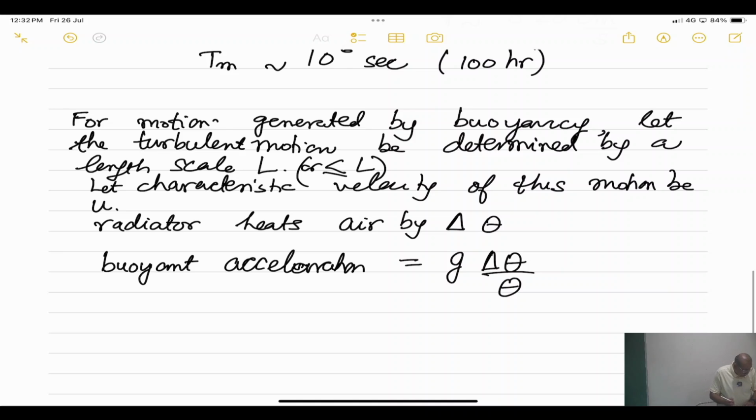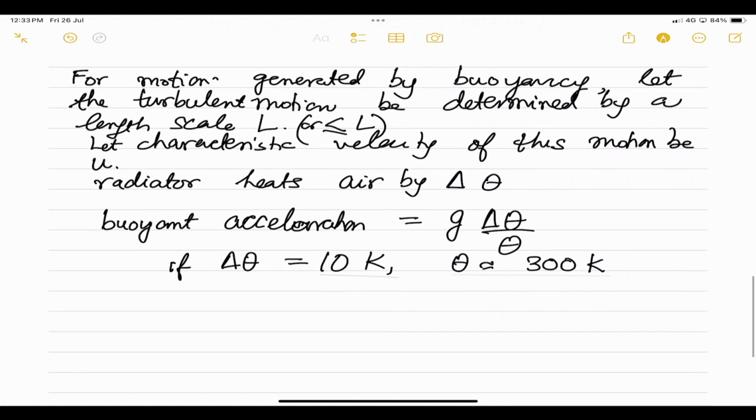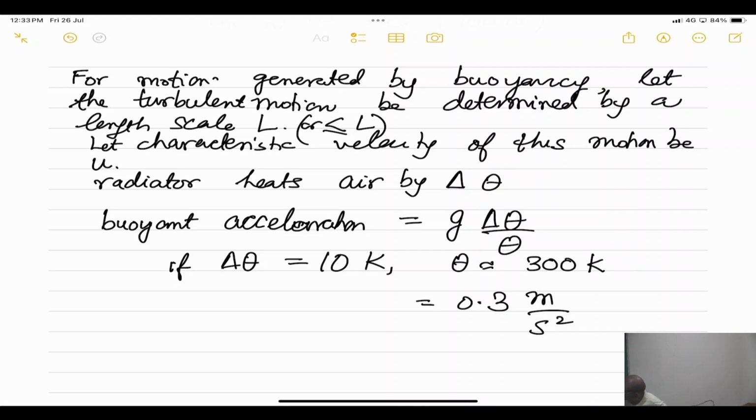If we put in some numbers, delta theta is equal to 10 K and theta is something like 300 K or maybe slightly more, then g delta theta by theta is 10 into 10 by 300.